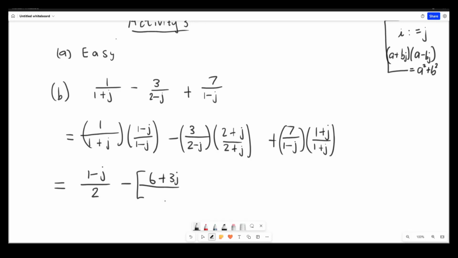Divide by. Now, in my denominator there, I've got 2 squared plus 1 squared. It's A squared plus B squared. It's 2 squared plus 1 squared. It's 4 plus 1 is 5.